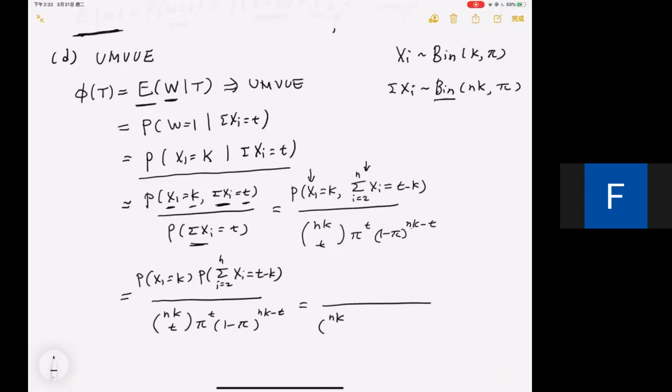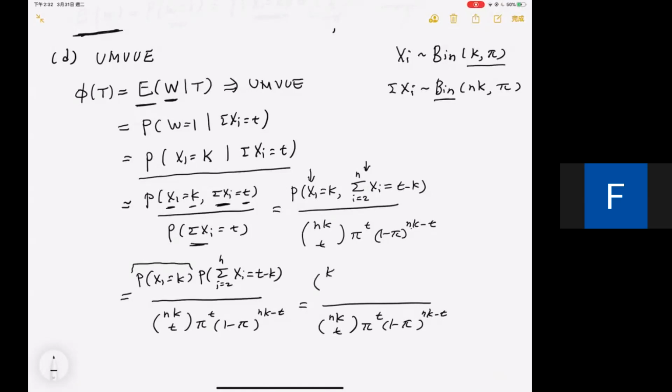Over nk choosing t, pi to the t, 1 minus pi to the nk minus t. Okay, right here, binomial k, pi.